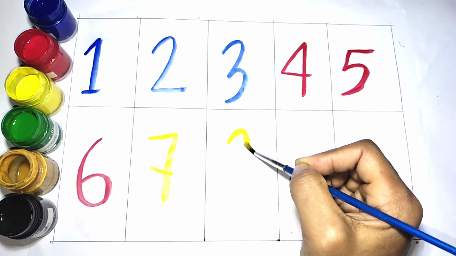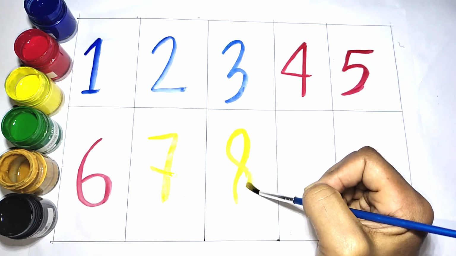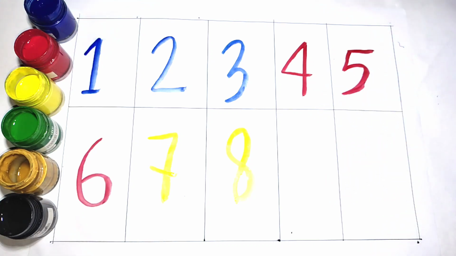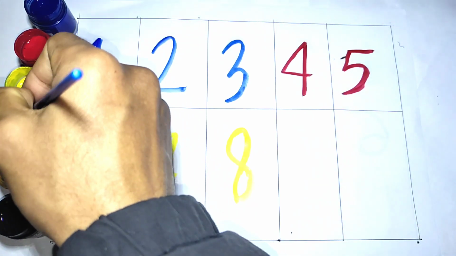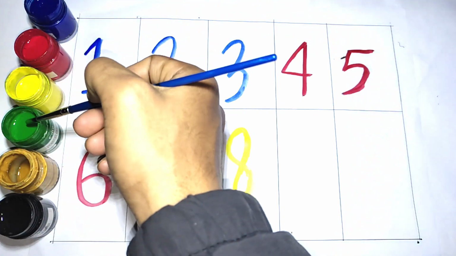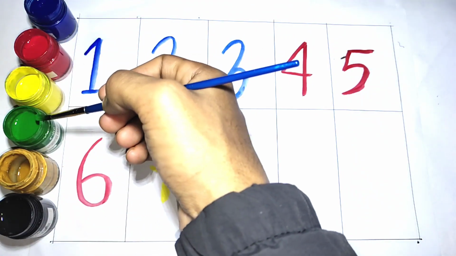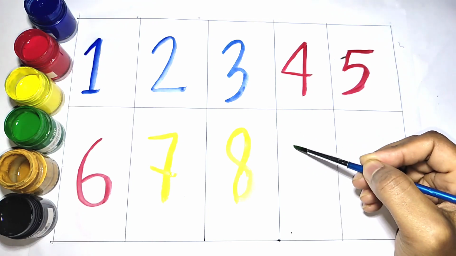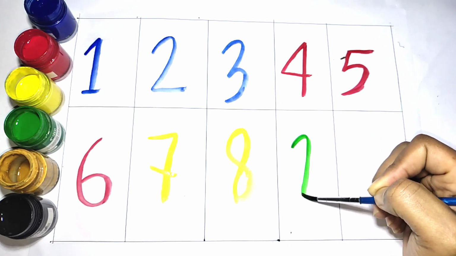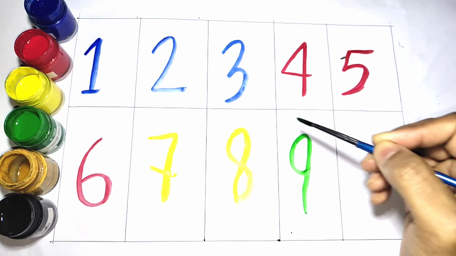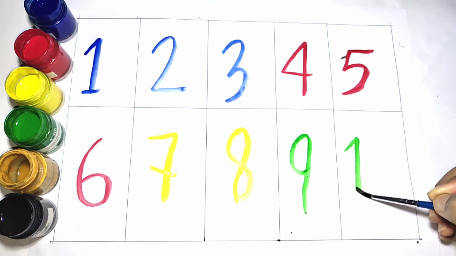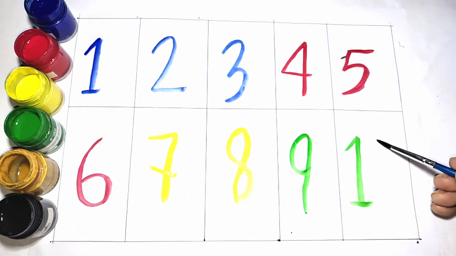The next one is 8. Now we draw 9 and use green color. Now we draw 10.